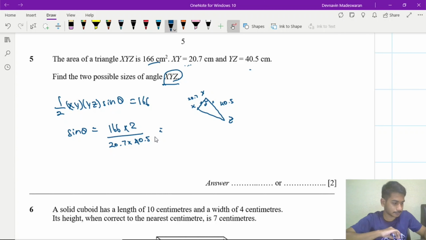Okay, let's see. 166 times 2 over 20.7 times 40.5. We got 0.396. And then we're going to find sine inverse. So theta is equal to sine inverse of 0.396.